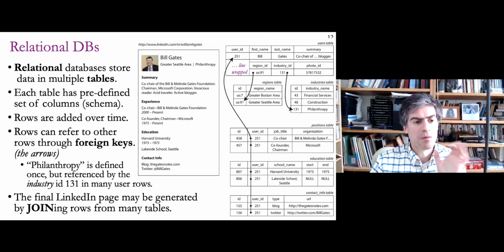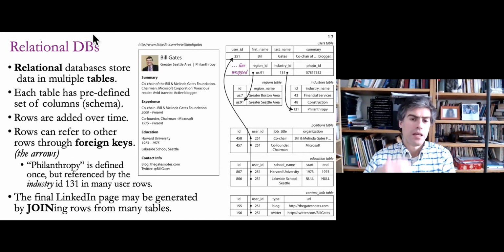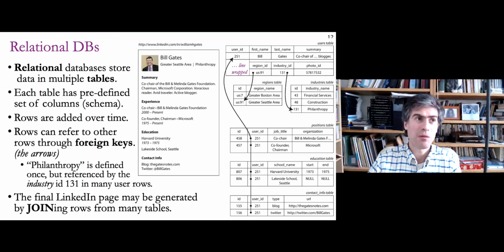Relation is a table. But in common conversation about databases, the term table is more commonly used, and I think it is also more descriptive and more intuitive than relation.